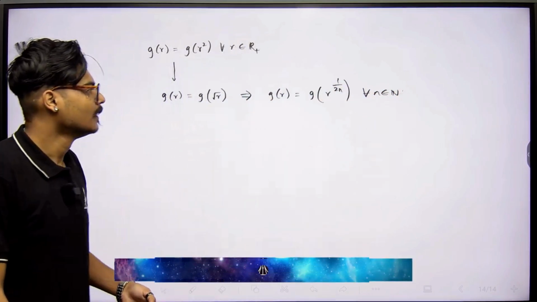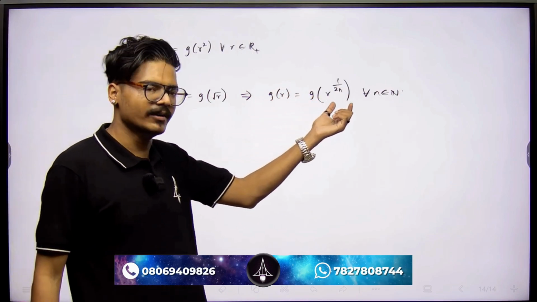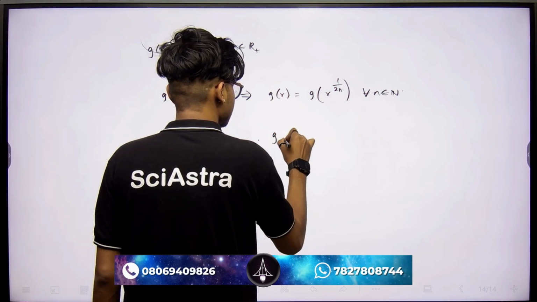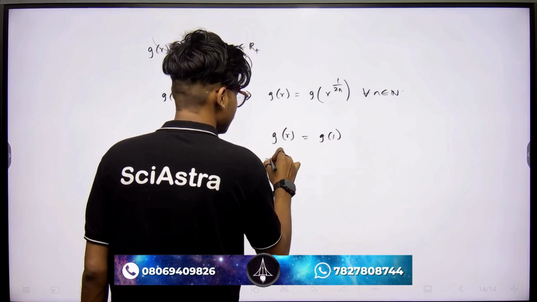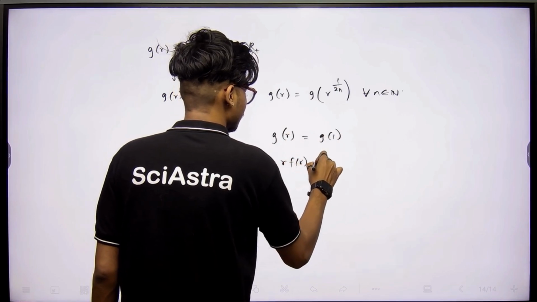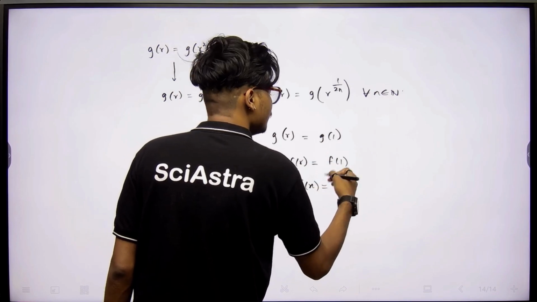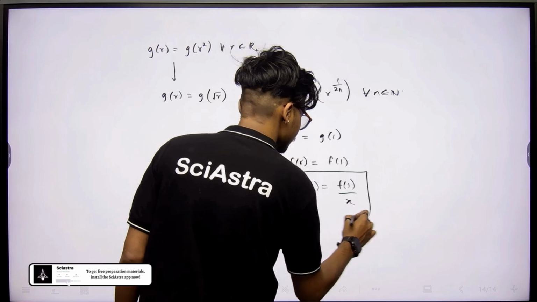Now, since g is a continuous function, if you take limits as n goes to infinity on both sides, we'll get that g(r) should just be equal to g(1), which means that r times f(r) is equal to f(1). So f(x) has to be some constant, which is f(1) divided by x. This is the only solution for this question.